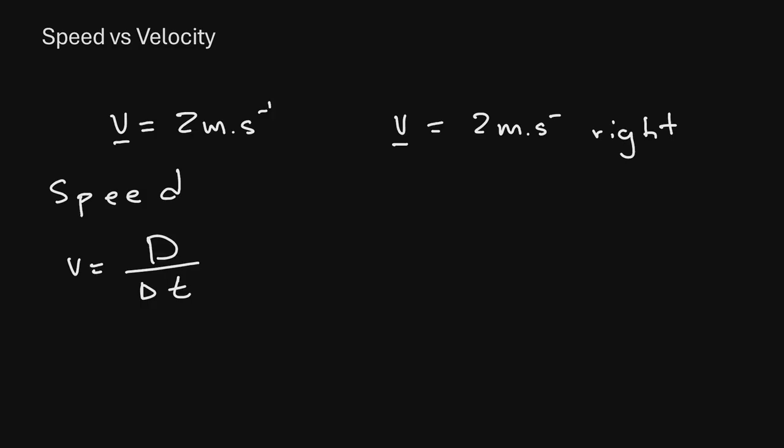Now if we want to define velocity, it is also defined as how fast we are changing our position. That means how fast we are moving in which direction. So velocity is the rate of change in displacement.